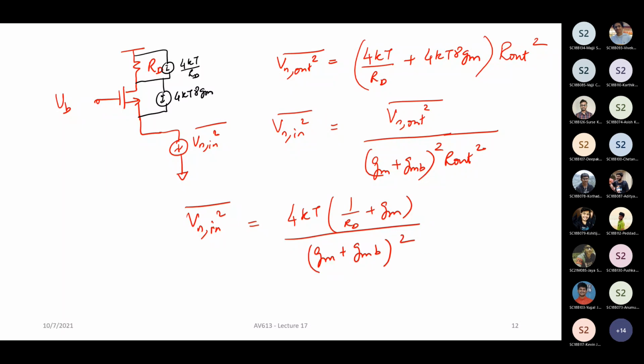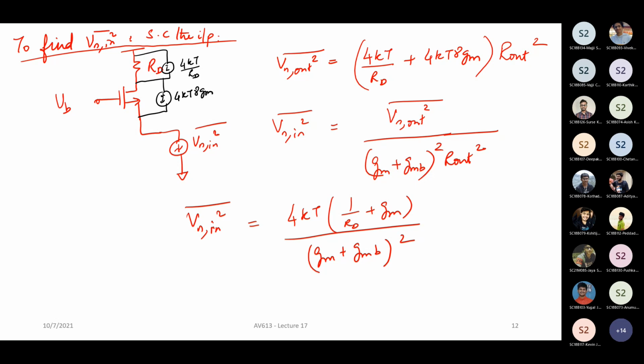This is your input referred noise voltage power spectral density. Any doubts, any questions? Let me just try to find Vn in squared bar, short circuit the input. Okay, any questions, any doubts?